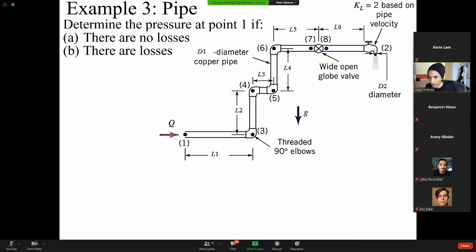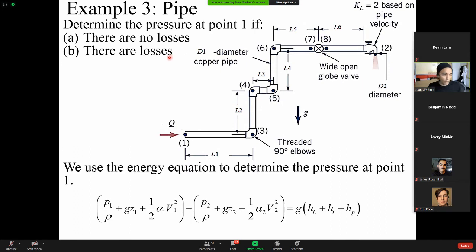So let's start with the problem. We're going to use the energy equation to determine the pressure at point 1. We start with the energy equation. We want to find out pressure 1.